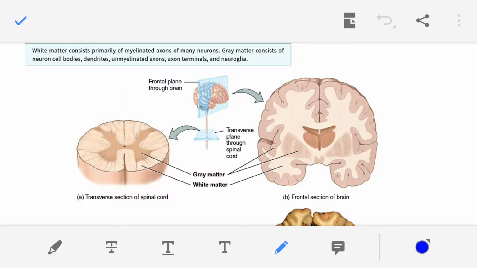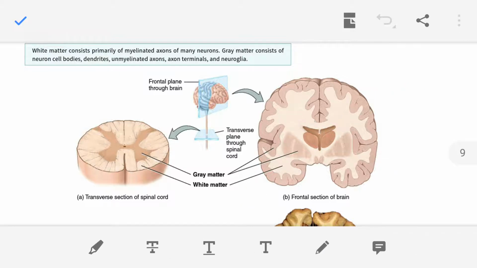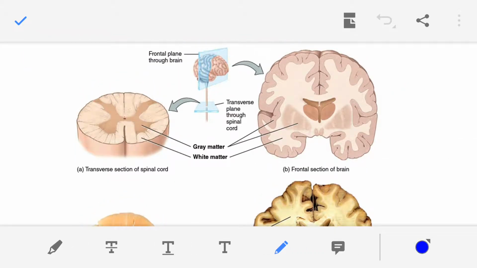In the figure you can see this one is the white matter and this one is the gray matter. And for the spinal cord, this one is the white matter and this one is the gray matter.